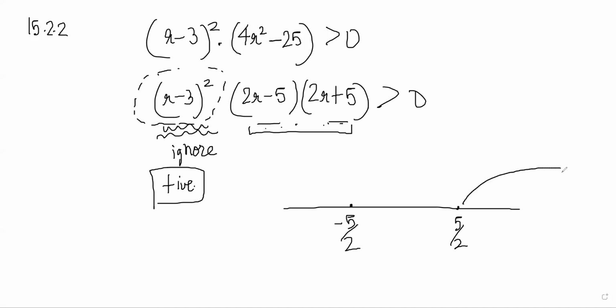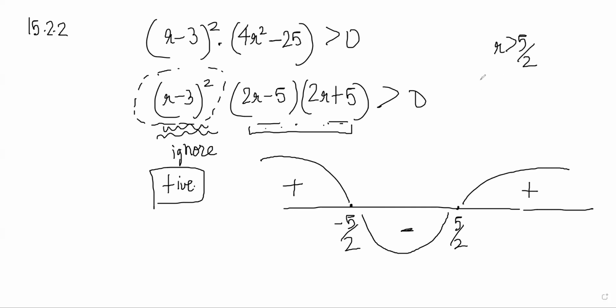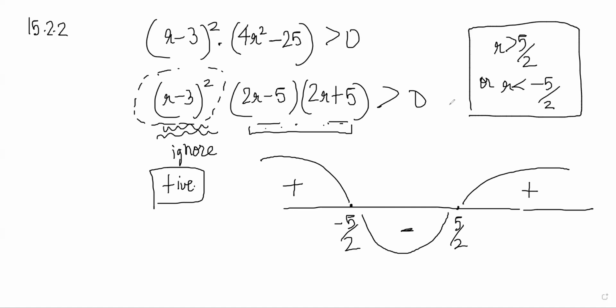It's positive when r is greater than 5 by 2 or r is less than minus 5 by 2. In both cases, the product of these two is positive. And anyway, this is always positive except for 3, right? Yeah. Except at r equal to 3.